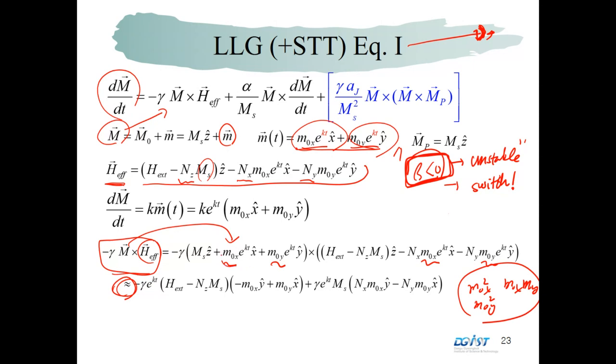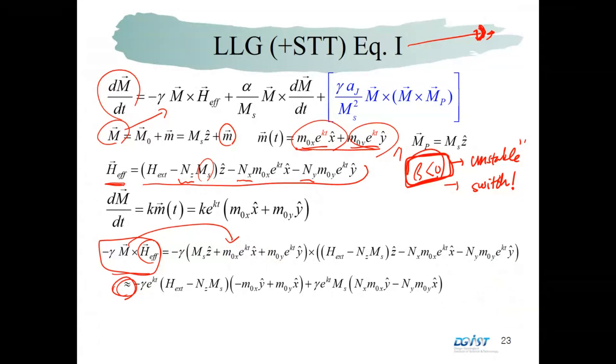So multiplication of this term, actually multiplication of this will be 0 because they are 0. And also this term with this term gives us the second order of m0x, m0y. So we're going to ignore them.